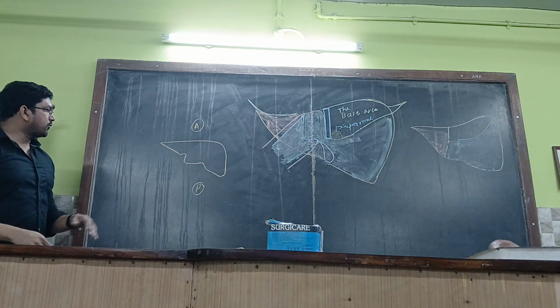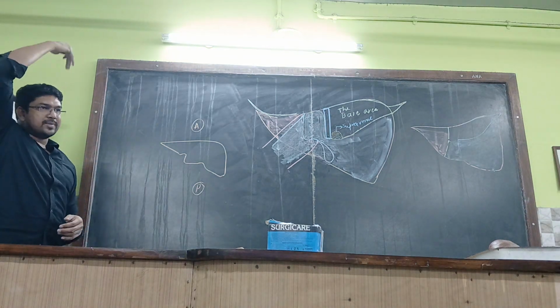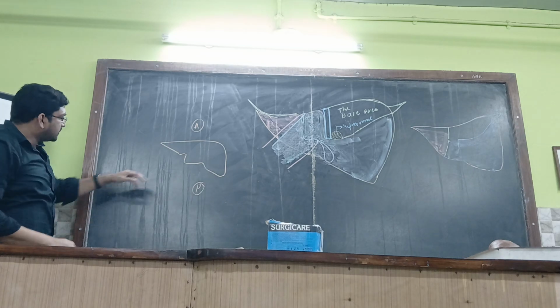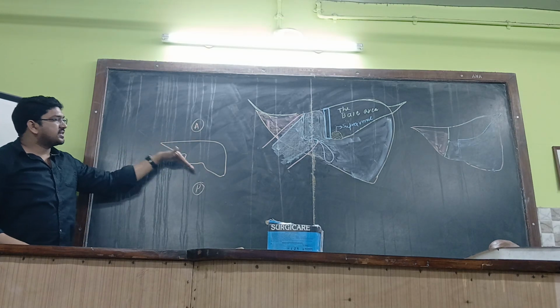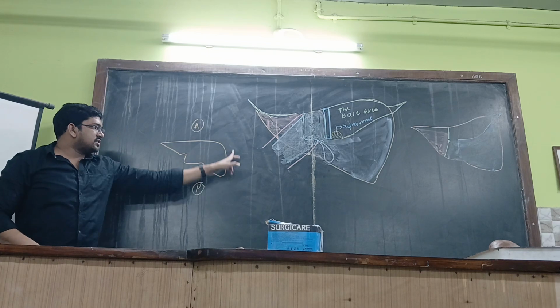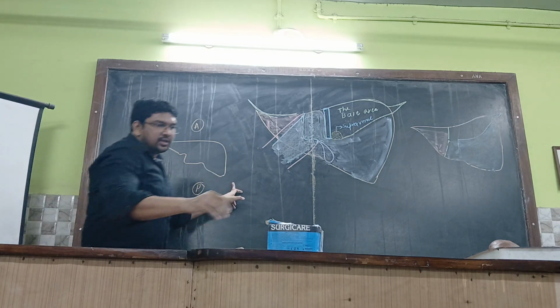Here again, we are focusing from above downwards in this manner. We are seeing the cross section. This is the anterior surface of the liver, this is the posterior plus inferior surface of the liver, and this is the right lateral surface of the liver.